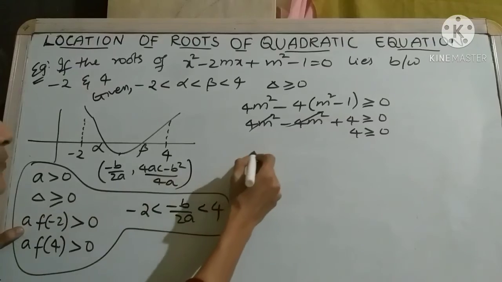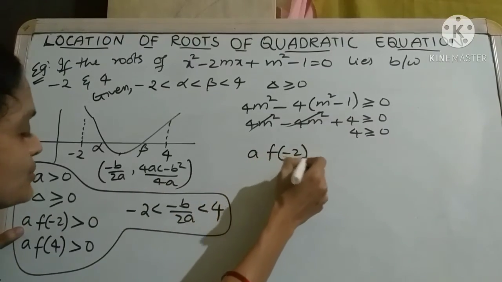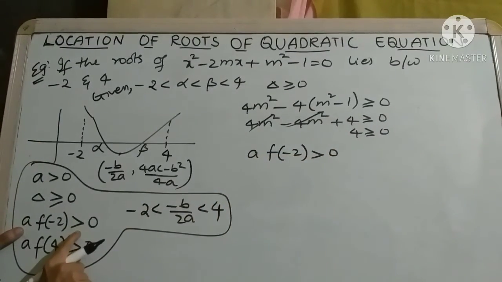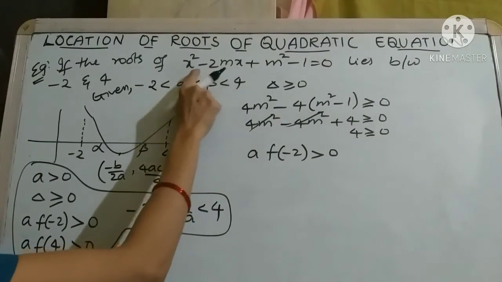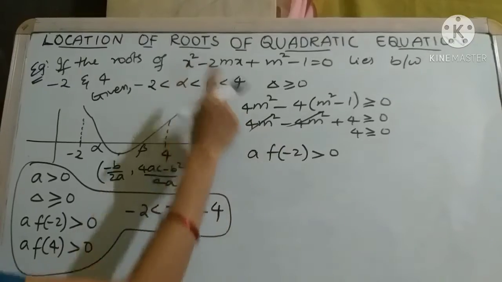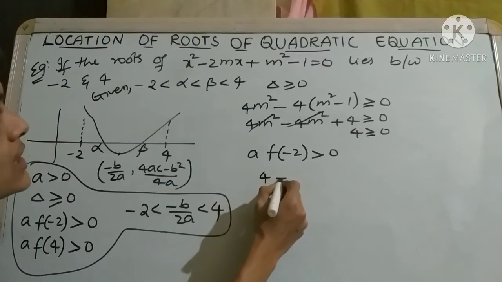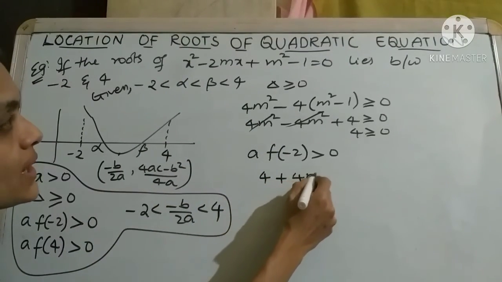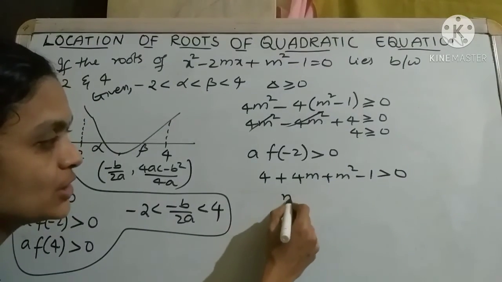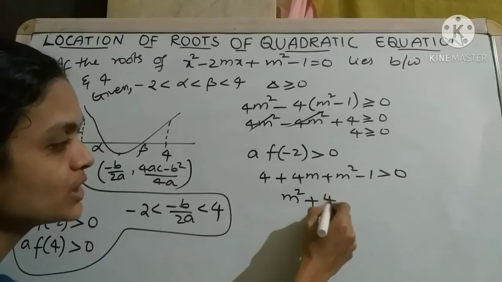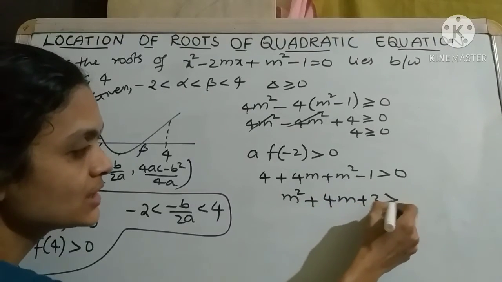Then the next one, a into f of minus 2 is greater than 0. Here a is 1 only, and for f of minus 2, instead of x you substitute minus 2. Minus 2 whole square is 4, minus into minus plus 4m plus m square minus 1 is greater than 0. Writing in order, m square plus 4m plus 3 is greater than 0.